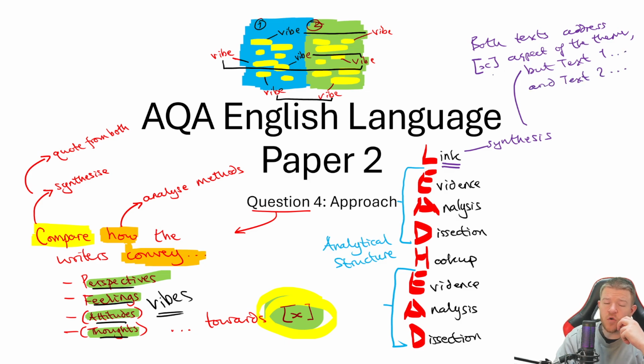Okay, that's your synthesis. Your opening sentence is probably the most important sentence of your paragraphs. And then for the hookup, that's much, much simpler. That's just going to be your linking phrase or word. So it might be similarly, if you're making a comparison where it's a similarity, or in contrast, or conversely, or on the other hand, if it is a difference.